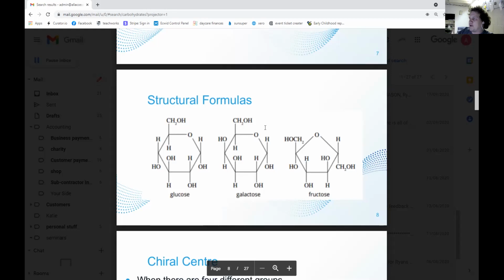What's the difference? I mean, there's an obvious difference with fructose, but what is the difference between glucose and galactose? Can anyone see it? Think about maleate and fumarate.